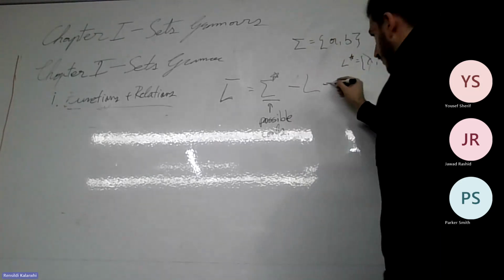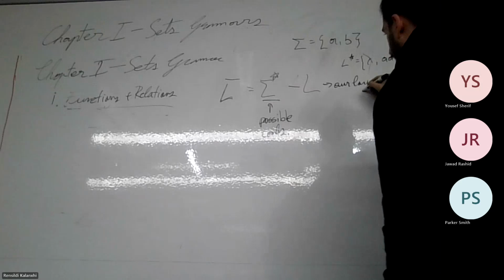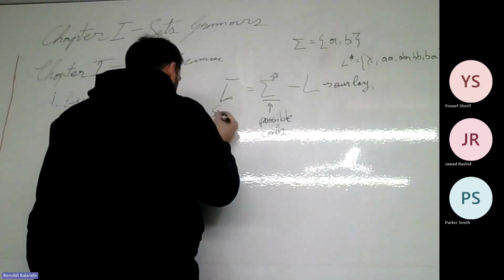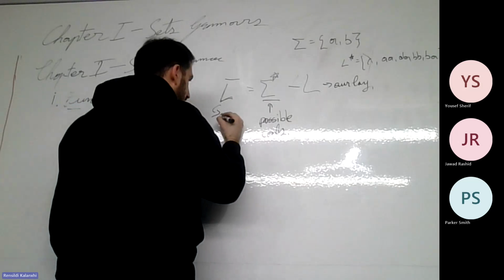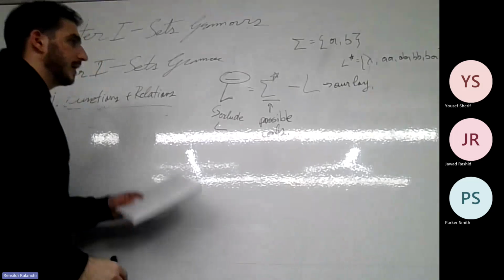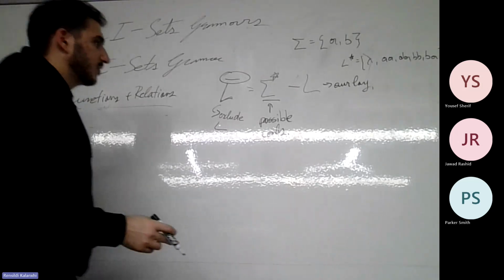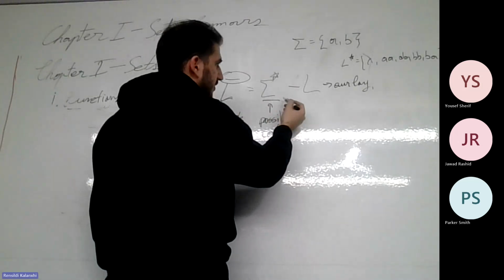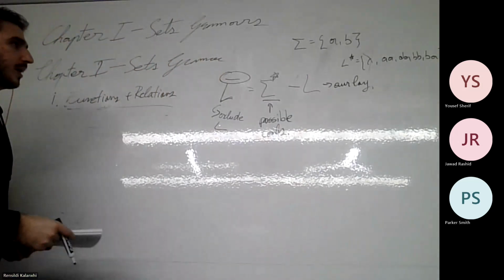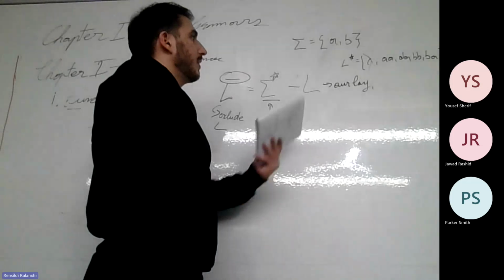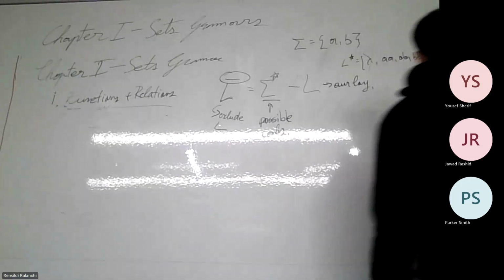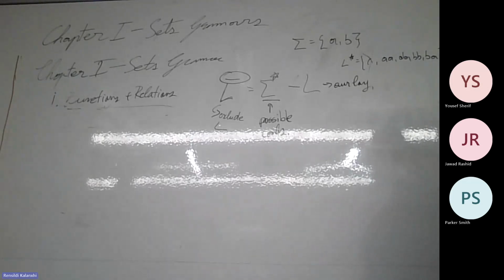This is going to be our language. This means everything excluding L. So we're just going to subtract from this A and B, basically, and we're going to end up with A. Oh, now I get it.